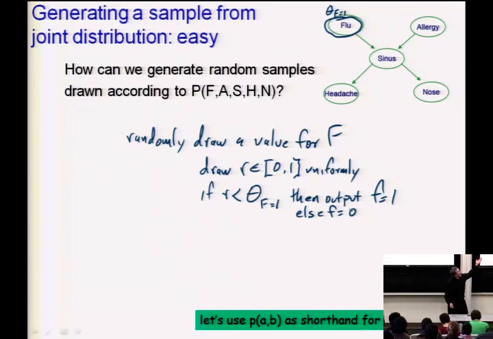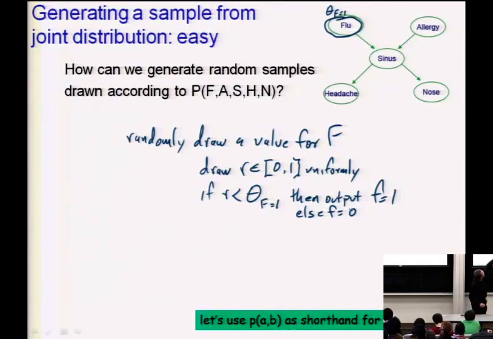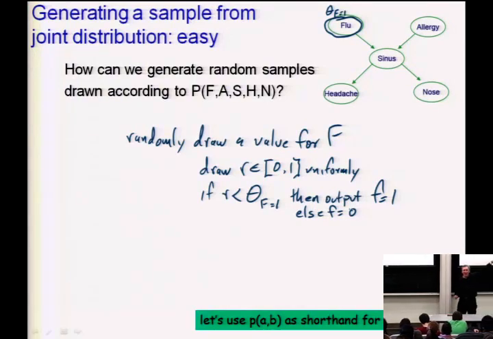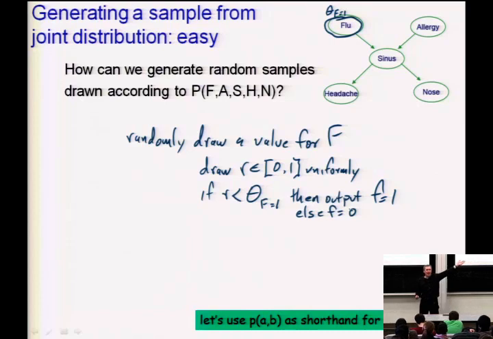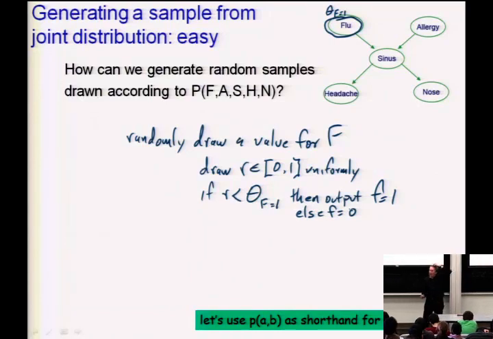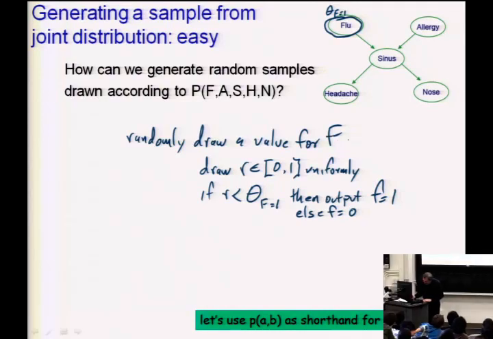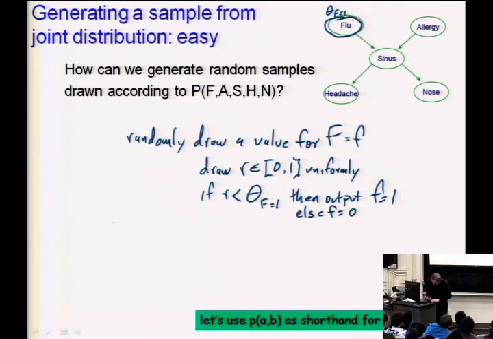Okay, well, at least getting an F is easy. Now, we can do the same thing for A, allergy, because it has no parents. So what we're going to do is randomly draw a value for F and an A this way.